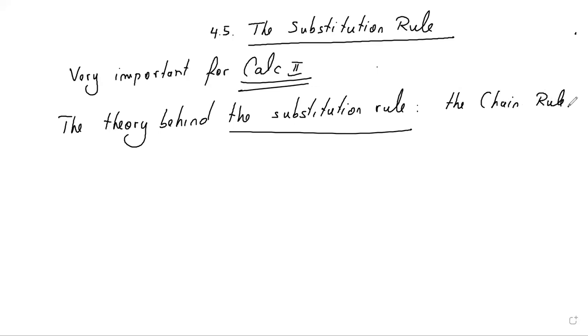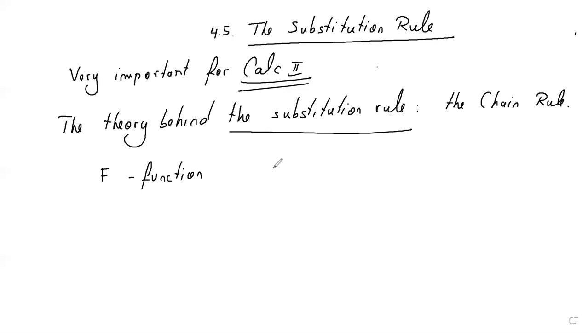So here's what the chain rule says. If I take a function, let's say a function f, and if I calculate... let's denote this by a different letter. Let's say capital F is a function.